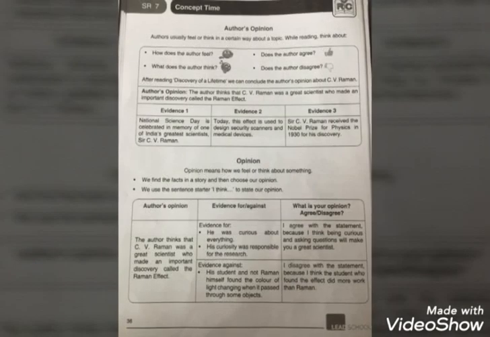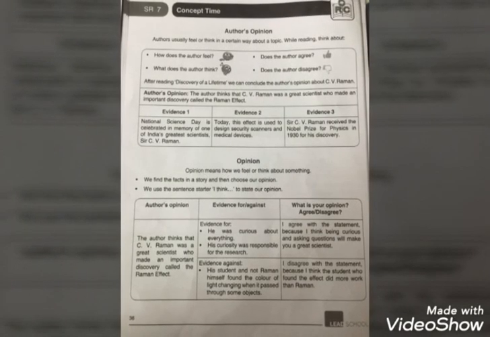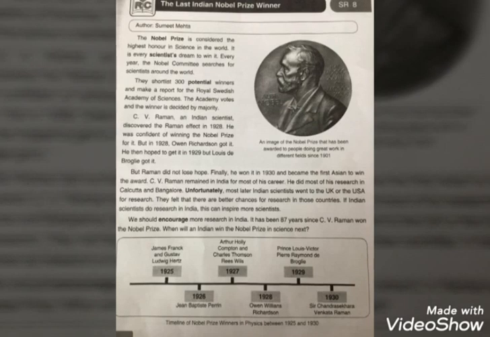Next we are going to see the last Indian Nobel Prize winner. This lesson has been written by author Sumit Mehta. What is the Nobel Prize and how is it given? What is the status of the Nobel Prize winners in India and all over the world will be explained in this lesson.